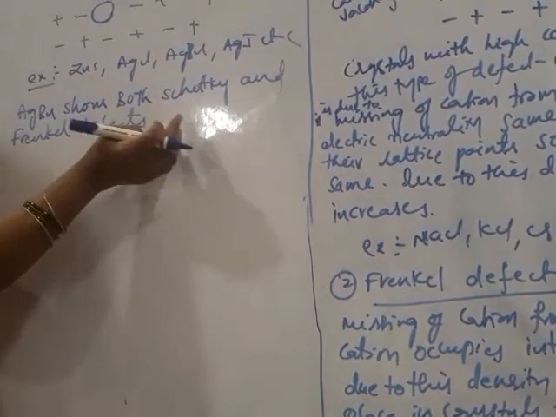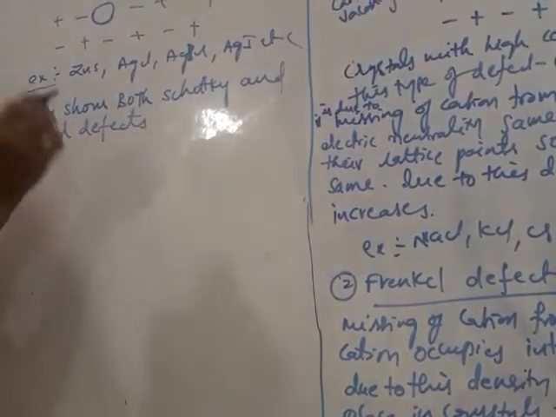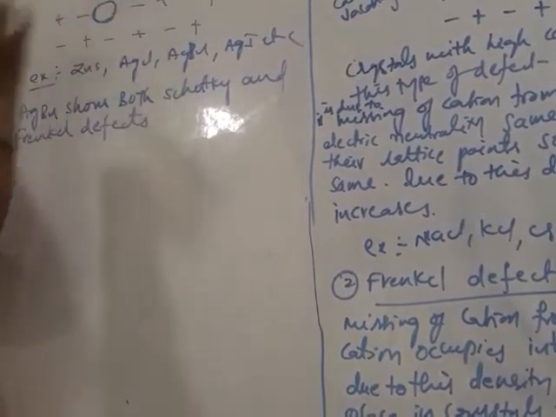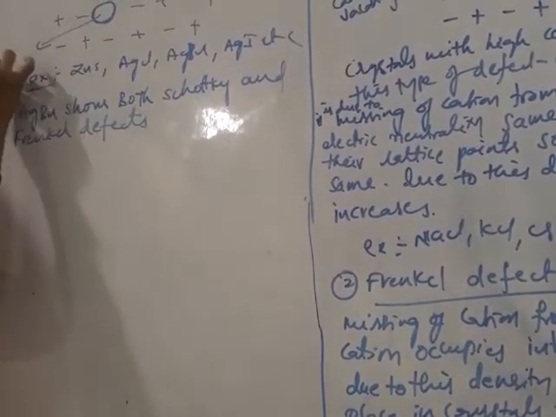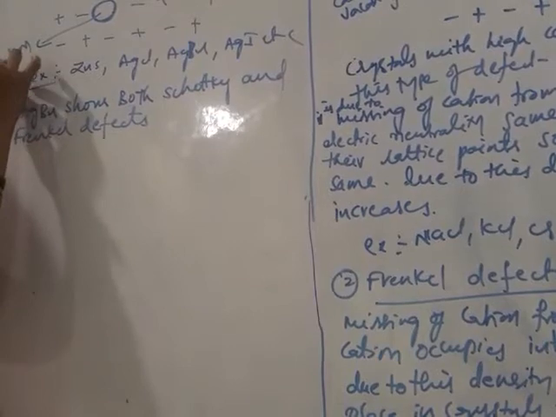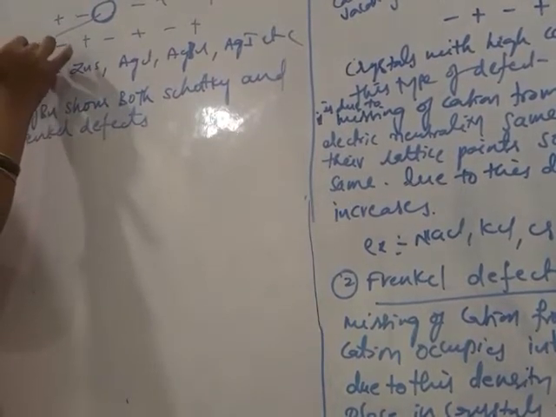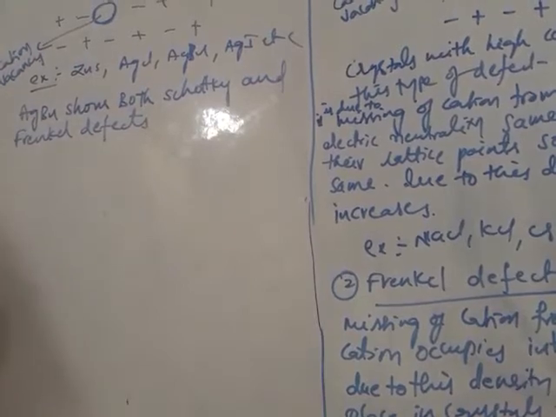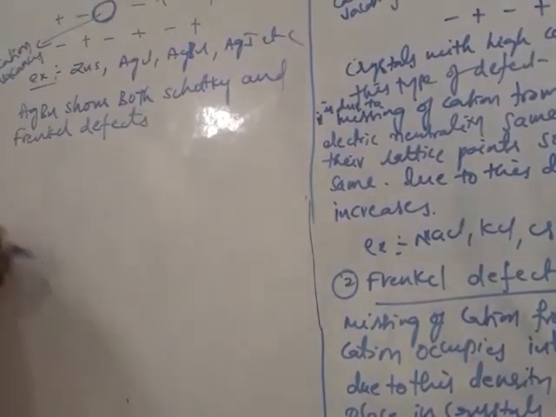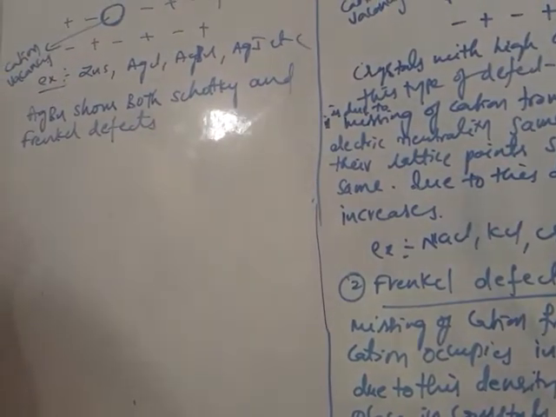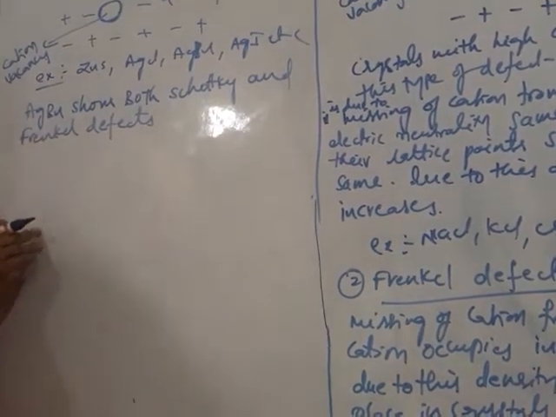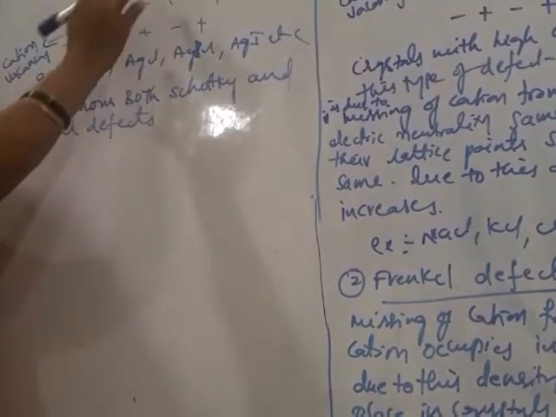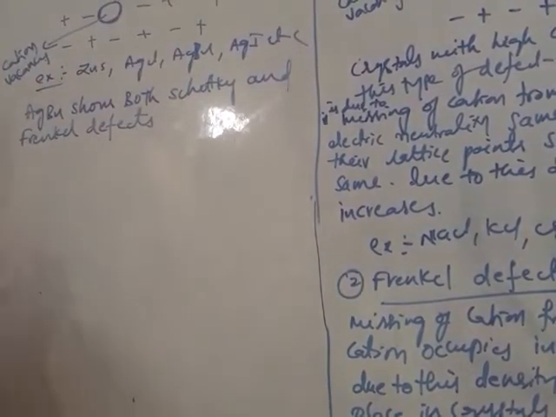And in Frenkel defect also conductivity increases. Why? Because due to the missing of cation, a hole is created here. So this is cation vacancy, or cation hole. Due to the presence of the hole, the conductivity of the crystal increases. But there is no change in the density. Why? Because the missed cation occupies the interstitial position.